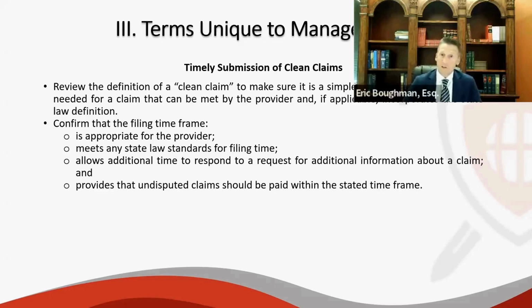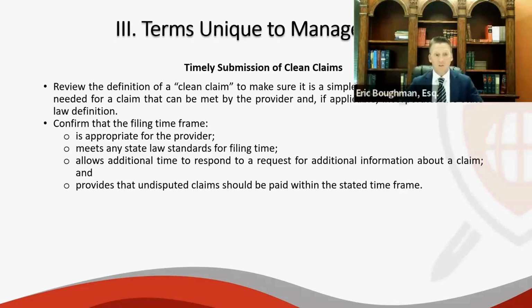Look at the definition. Look at the procedure for submitting claims. Look at the time frames once you submit a claim. What's the payment date? How long does the provider have to reject or request additional information? What are your rights to supplement the claims? Sometimes there are state regulations, statutes, or rules that may affect timing for clean claims.